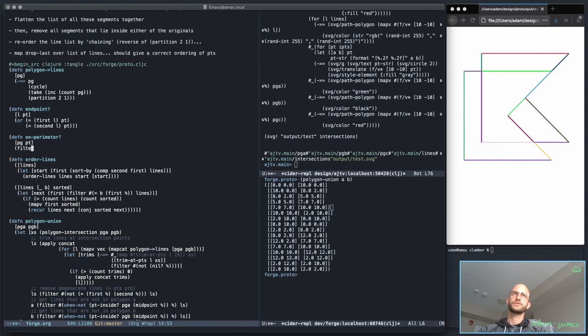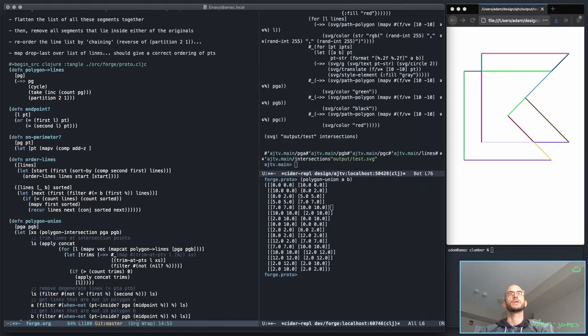Wait a second, let's first do this filter. Sorry, first let me just let point be add z, map v add z to comp.